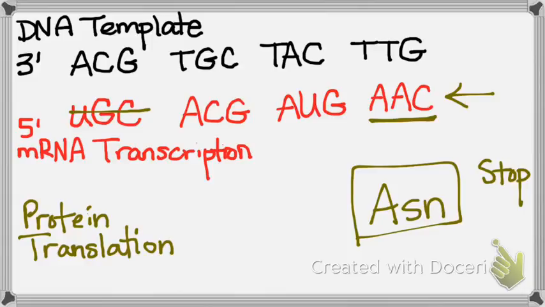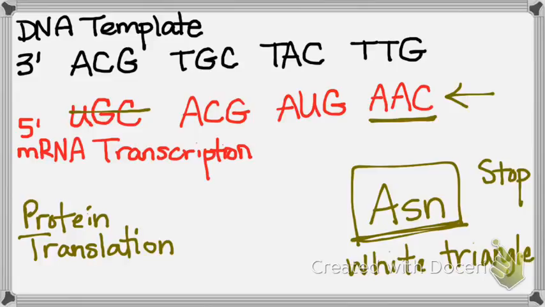If you look on your instruction paper and find asparagine, it tells you that the abbreviation is ASN and that it is represented by a white triangle. So what you're going to do is go get a white triangle, and you're going to tape that to whatever is the next amino acid.